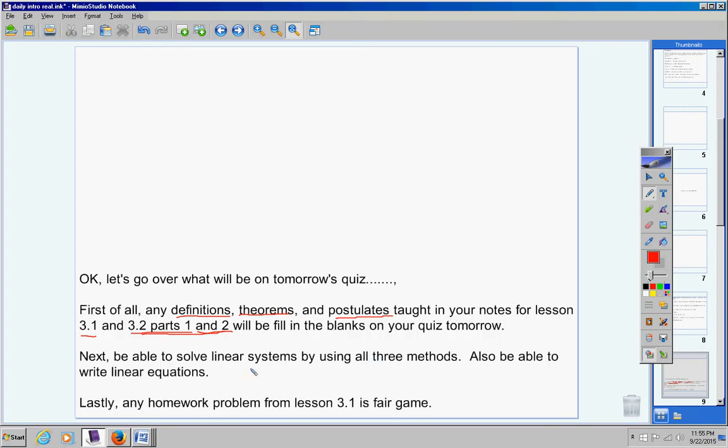Alright, next, you should be able to solve linear systems by any of the 3 methods that I ask you to. The graphing method, linear combination method, or the substitution method. Also, you should be able to write linear equations. We're going to talk about that in today's notes, and lastly, any homework problem from lesson 3.1 is fair game.